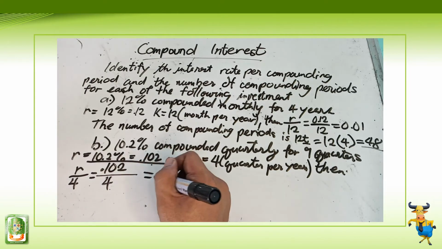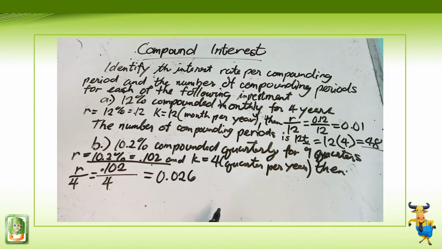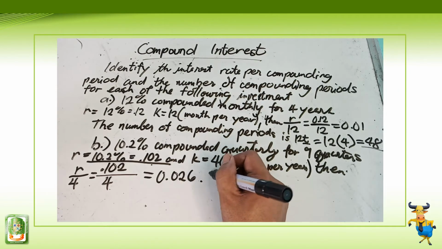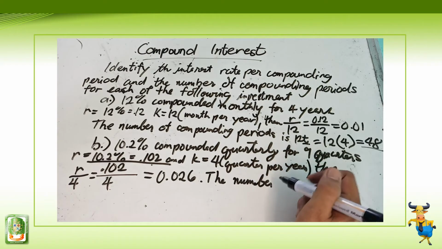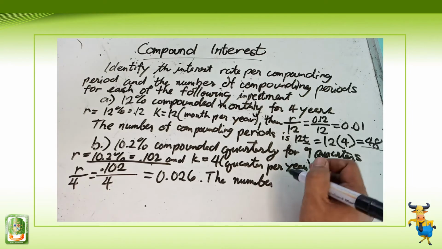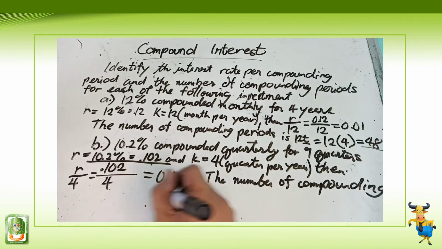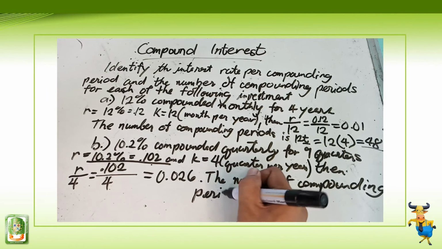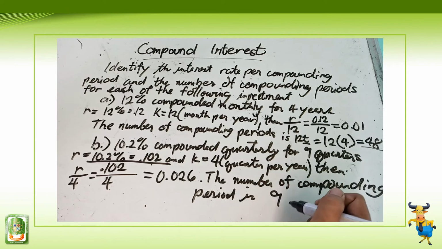So, magiging 0.0255. Yan. So, the number of compounding periods is 9.